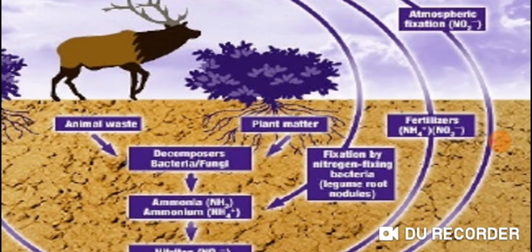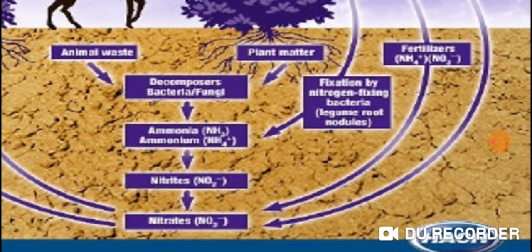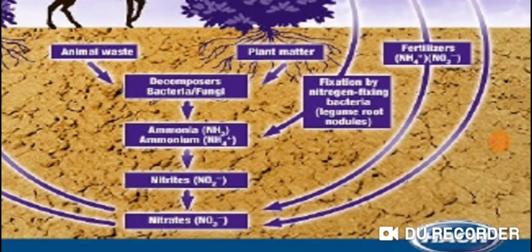And carnivores eat those herbivores and plants, and the plant protein part of nitrogen becomes part of the carnivore's body as well. So this is how nitrogen is assimilated, converted into proteins in animals and plants.